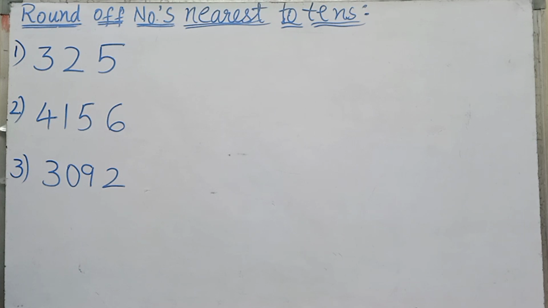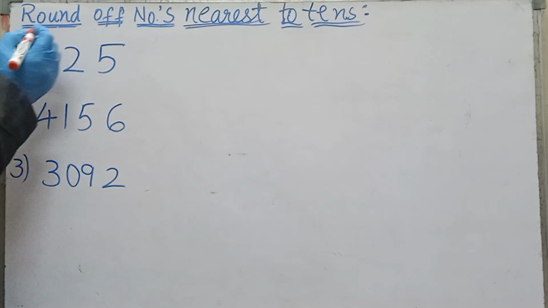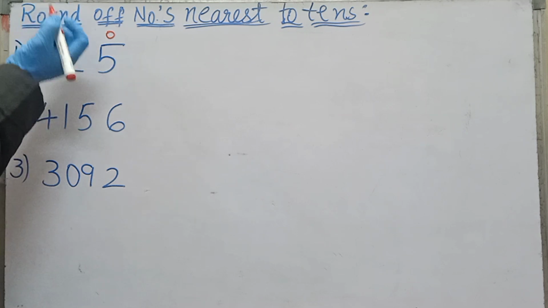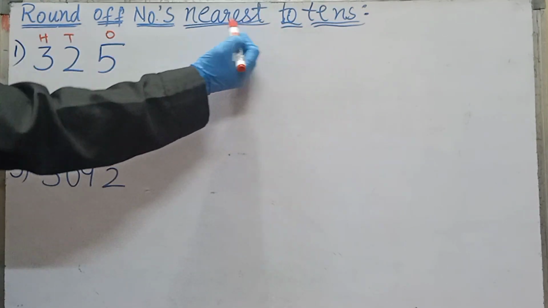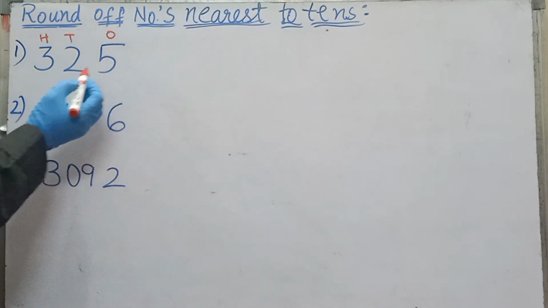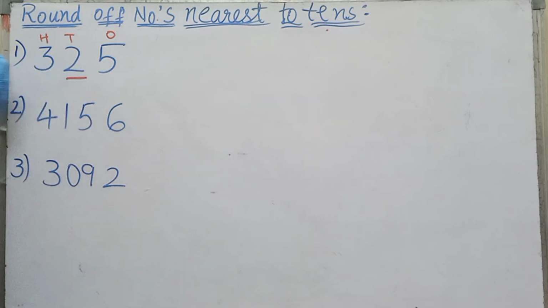Let's now round off numbers to the nearest tens. Okay. So the first thing we have to do is write the place values: ones, tens, hundreds. So we are going to do what? Round off numbers to the nearest tens. So I'll underline the tens place number. First we have to write the answer.